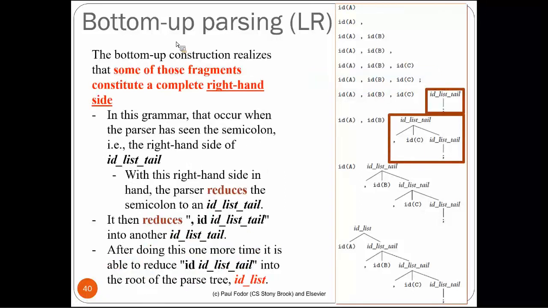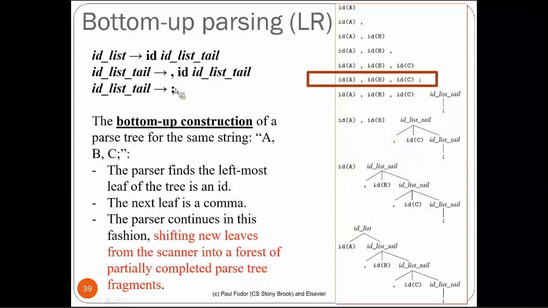So it will start building this bottom-up construction of the parse tree by realizing that some of the fragments constitute a complete right-hand side of a production rule. So in our case, the first symbol is a semicolon. And if we look in our grammar, semicolon is the right-hand side of the production rule that says that an ID list tail is a semicolon.